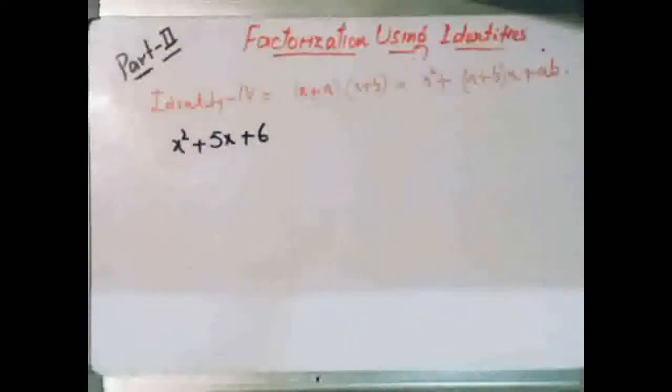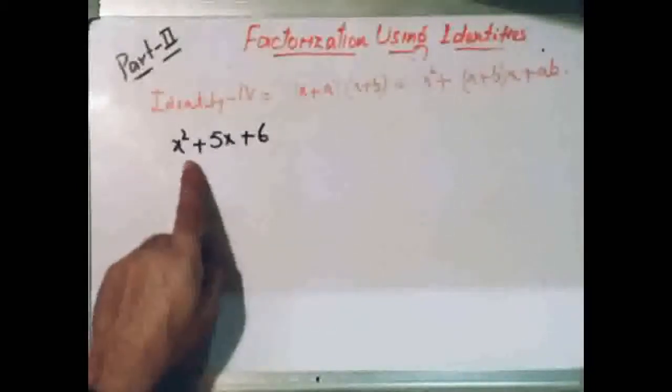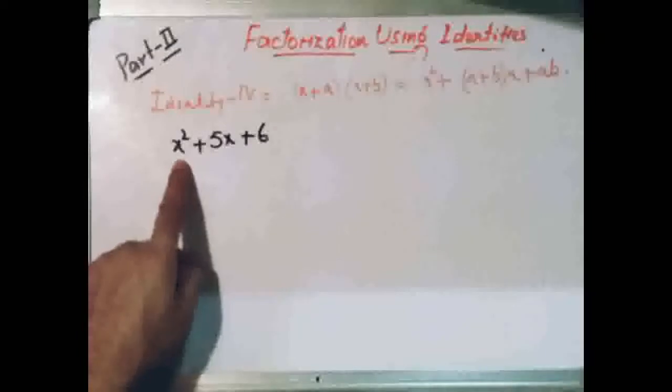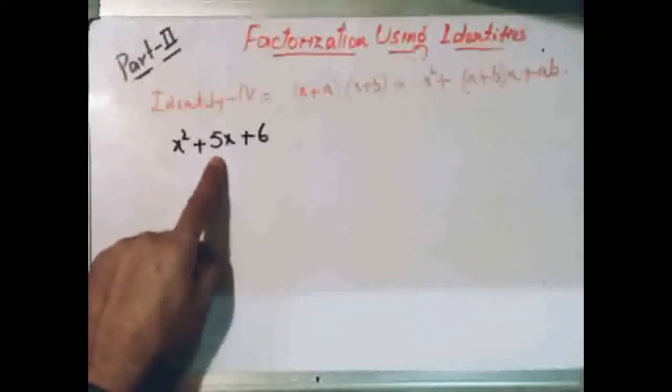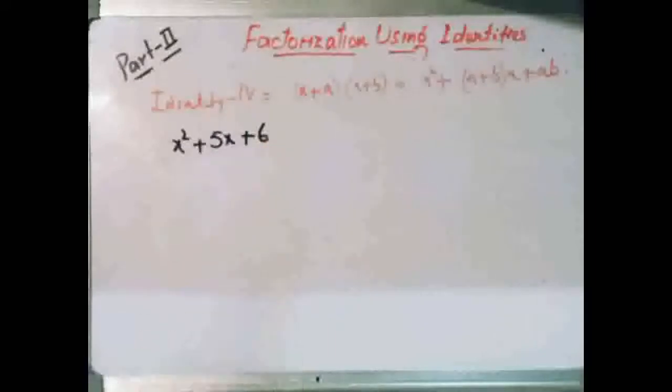This is an algebraic expression and we have to factorize it. X square is a perfect square of x, but 5 is not a perfect square and 6 is not a perfect square. So it is a different kind of identity, where a minus b whole square, a plus b whole square, or a square minus b square, none of those identities can be applied to find the factors of such expressions.